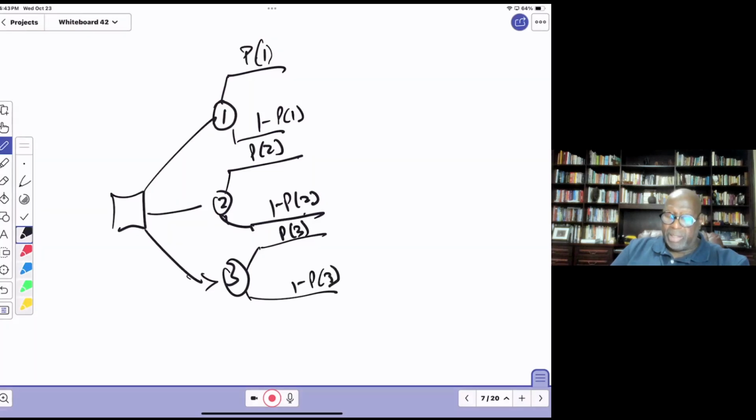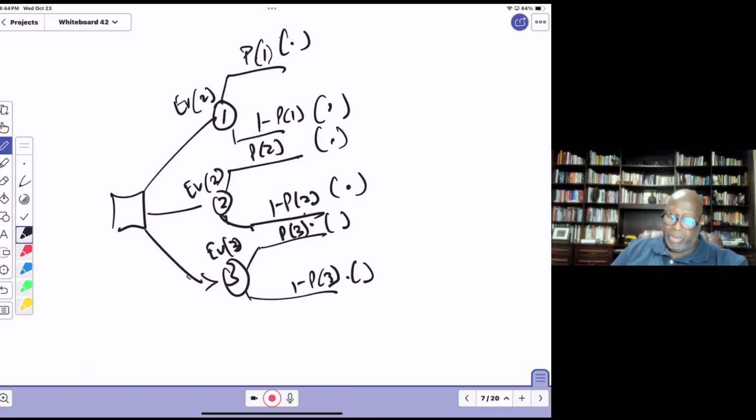So if we now take that and multiply it by the consequence, and then we add them up, then we will get the expected value of this node. The expected value of this node and the expected value of this node. Alright? So we have to multiply each of them by the respective consequence. And since we're dealing with cost or loss, the cheapest one is the one that we will keep. Okay?